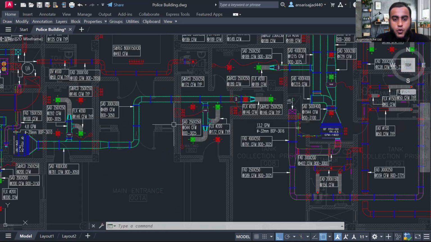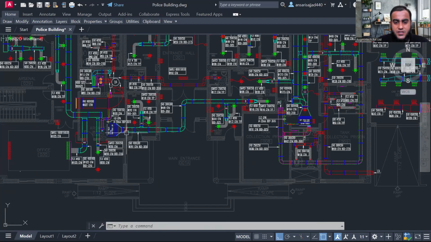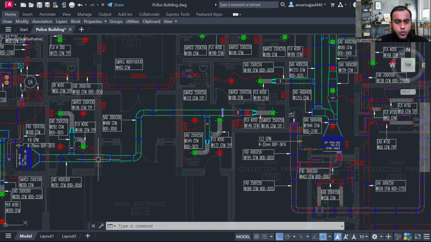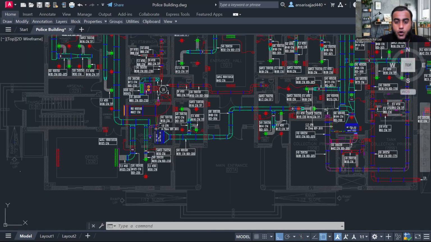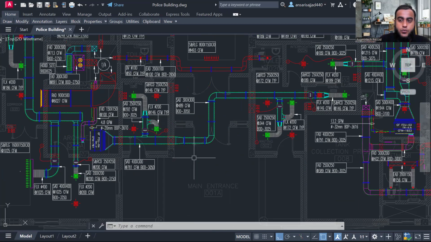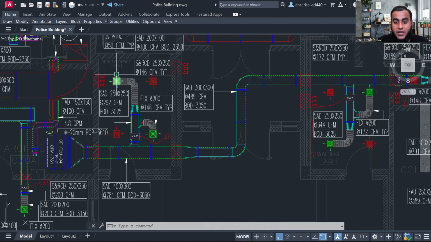So suppose I am just considering this routing because it is small. Here the elbow is also coming, and a reducer even. Always remember, if you are calculating the external static pressure in ductwork, we always have to select the longest duct routing. You don't need to go for the branch ducts.